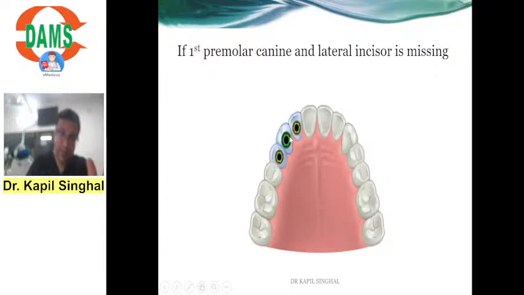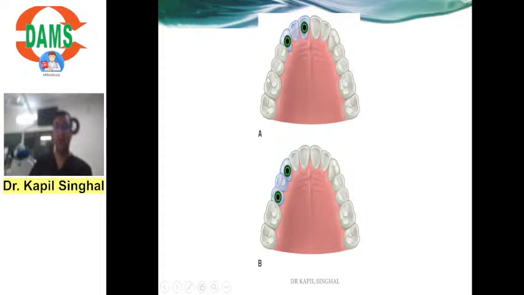So the first principle, no cantilever, is followed. The second principle is no more than 2 pontics; there is only 1 pontic, so no problem. But the third principle states that a canine and molar cannot be a pontic. It means you'll have to place an implant below the canine also. So for replacing these 3 teeth, you'll require 3 implants. This is how you follow the principles.